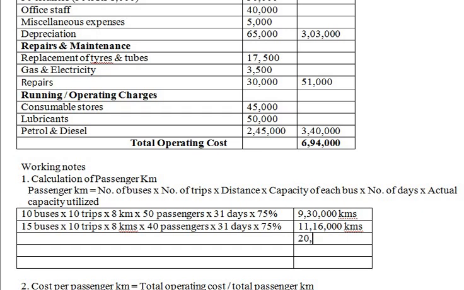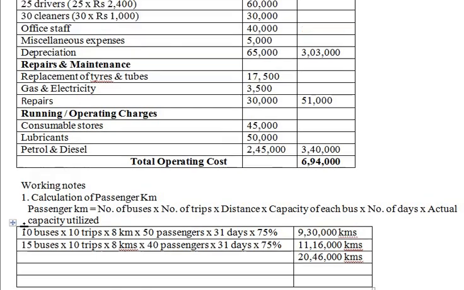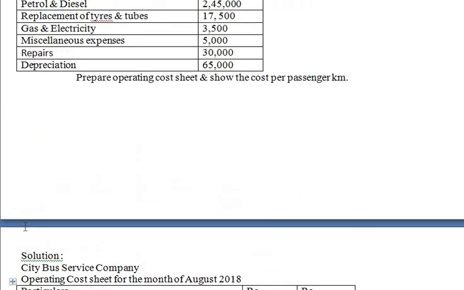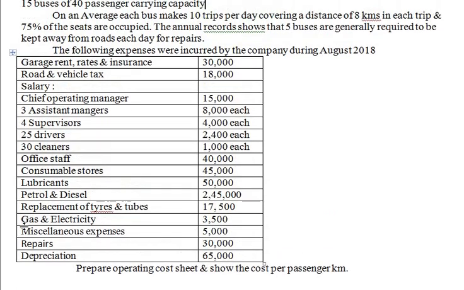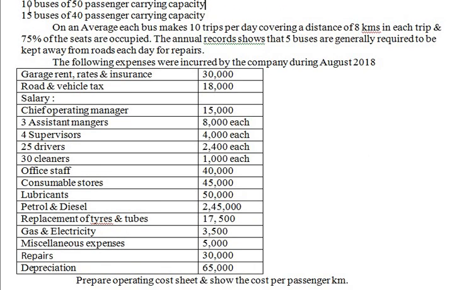That is 20,46,000 kilometers. Now, after this information, they have given one sentence over here, right? The annual records show that 5 buses are generally required to be kept away from roads each day for repairs. Now just see total number of buses: 10 plus 15, so total number of buses is 25.